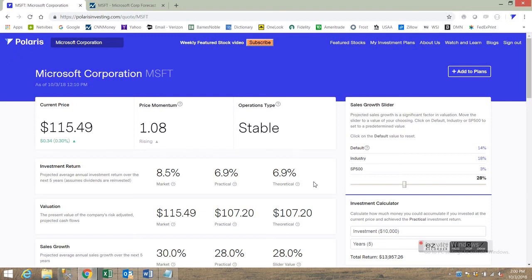And the PE that we're currently factoring in with a theoretical valuation of 107 likely will come back to reality, and this long-term future outlook that's captured in the future PE will be back to more historical norms. But for right now, we can justify a price of 107 for the practical valuation and an investment return of 6.9.